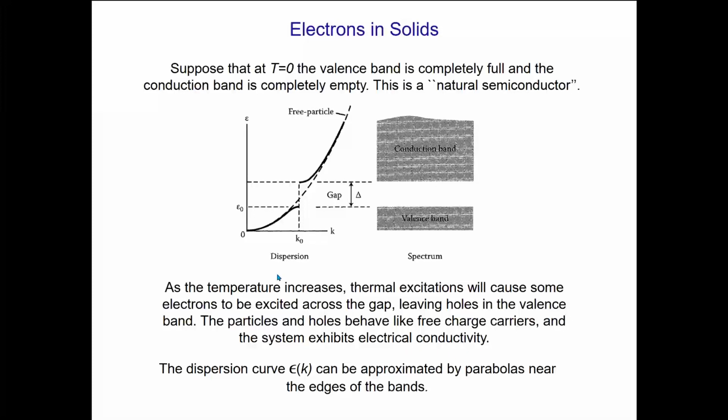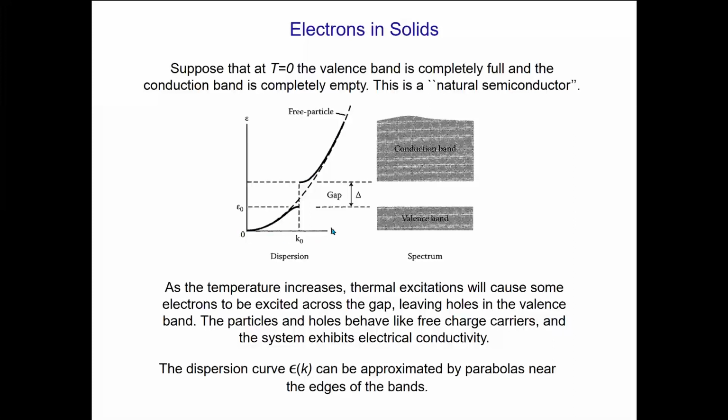We can approximate the dispersion curve, so the energy of these particles depending on their wave number, by the following picture. Normally, when there is no gap, we expect this dispersion curve to be approximately quadratic.